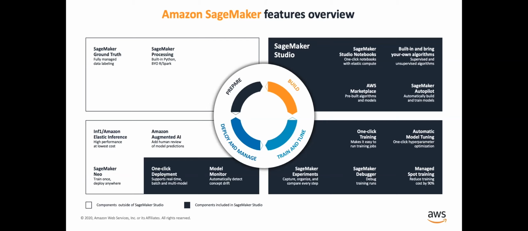In fact, most of the workload is inferencing. It's when you click the button on Amazon, you're looking for things. It's not training the model, it's running the model. How do you do that in high performance and low cost? We have Inf1. If you want to know more, you can search online.